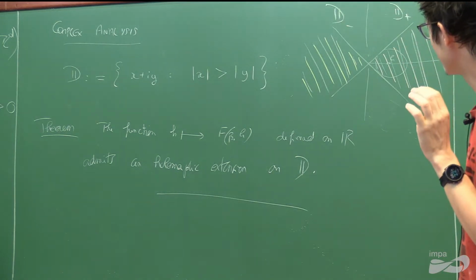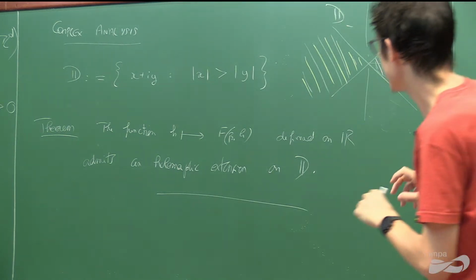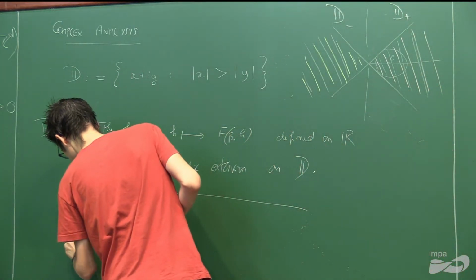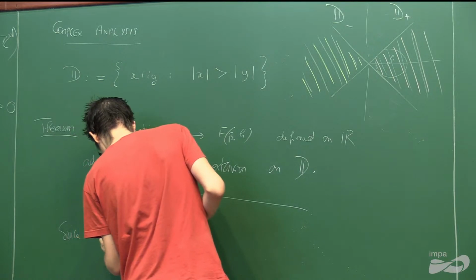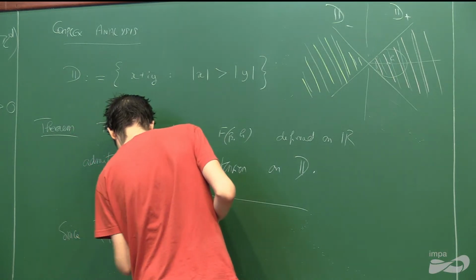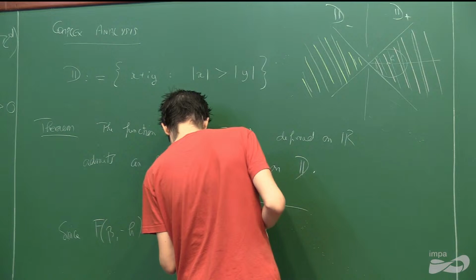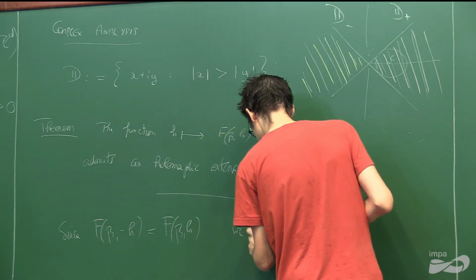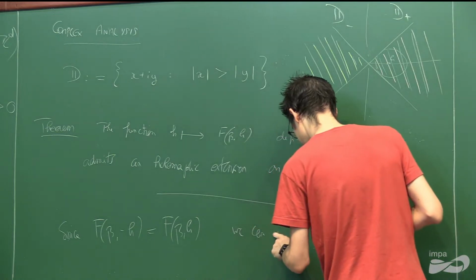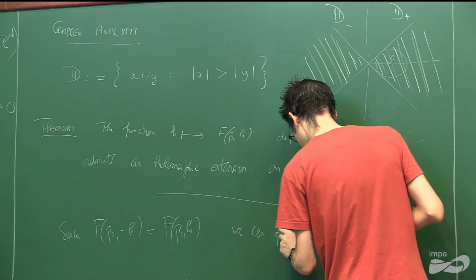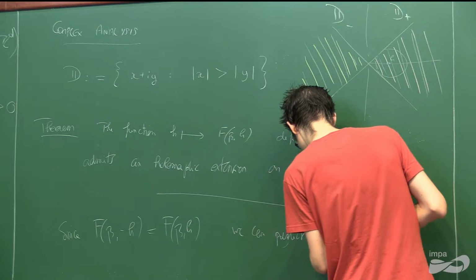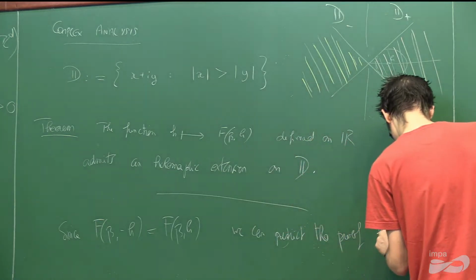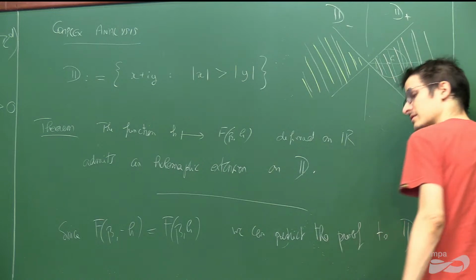Okay, so a first remark is that since f beta minus h is equal to f beta h, we can restrict the proof to D plus.